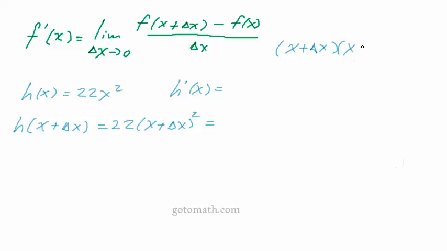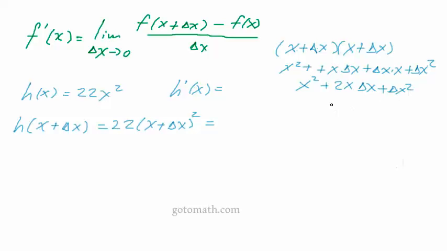So we have x times x is x squared, x times delta x, and delta x times x, and of course delta x times delta x is delta x squared. And then we can simplify all that down to x squared plus 2x delta x plus delta x squared.